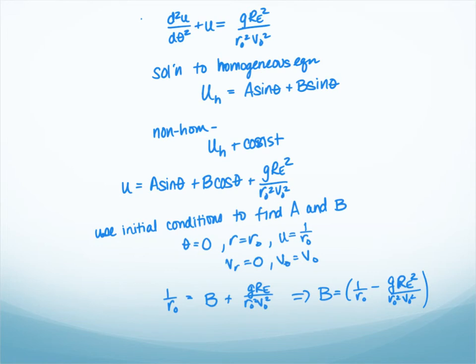And then, since dr dt is 0, which is Vr equals 0, du d theta is equal to 0, which is equal to A cosine of theta minus B sine of theta.